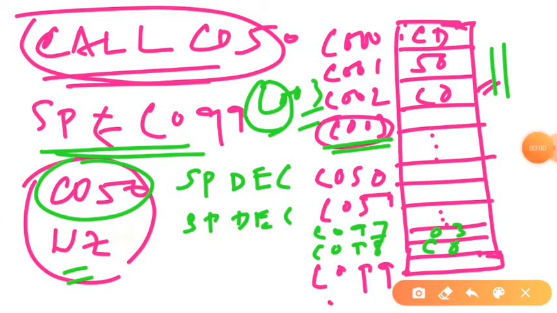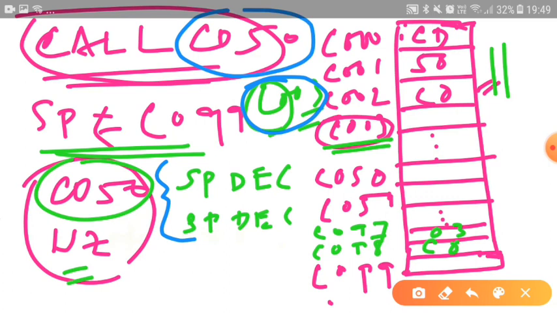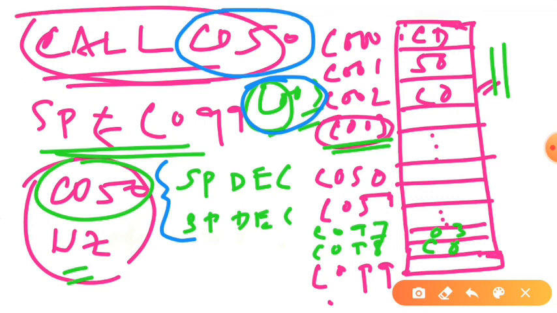Once we store the next memory address of the call instruction, C003, in the stack, the next thing we should do is to move the program execution to the target memory address C050. To do so we have already stored that target memory address C050 in the WZ register pair.